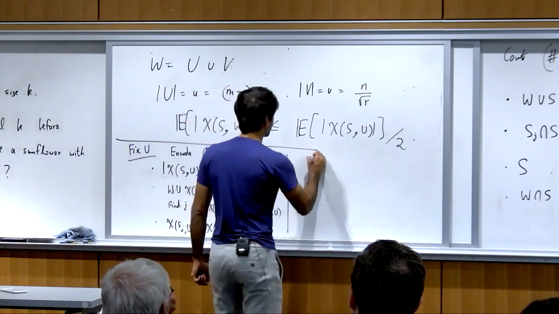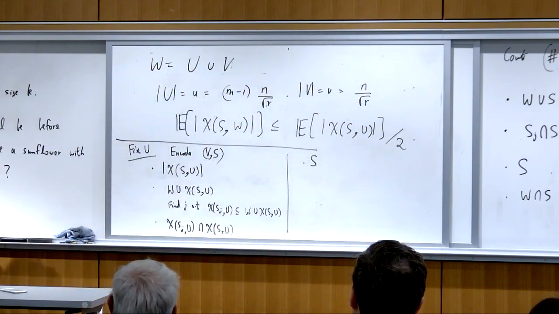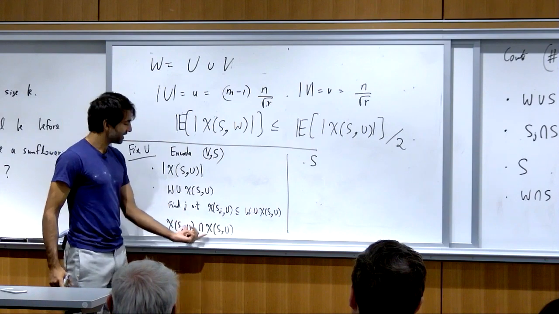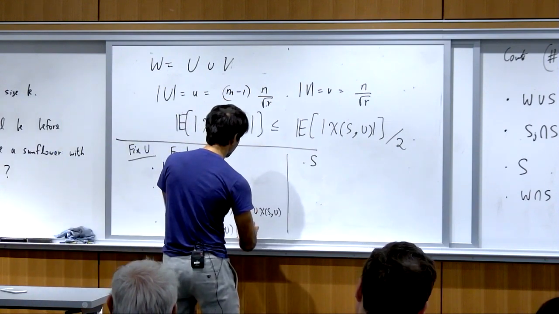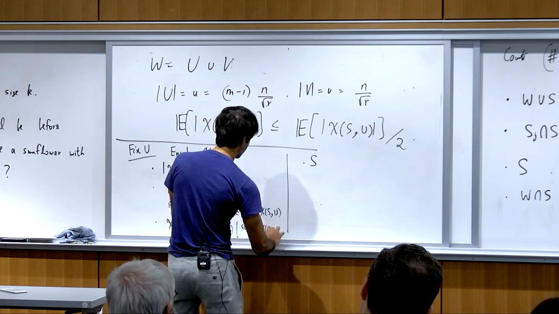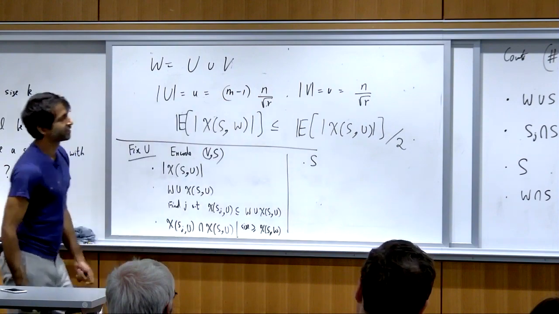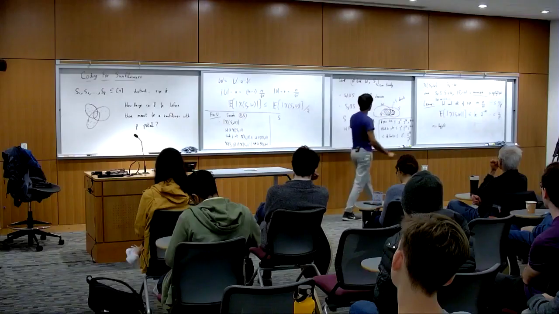And then we'll encode S. And the key thing that's going to happen is that this set, its size will be large. It'll be bigger than the size of chi SW. Okay.